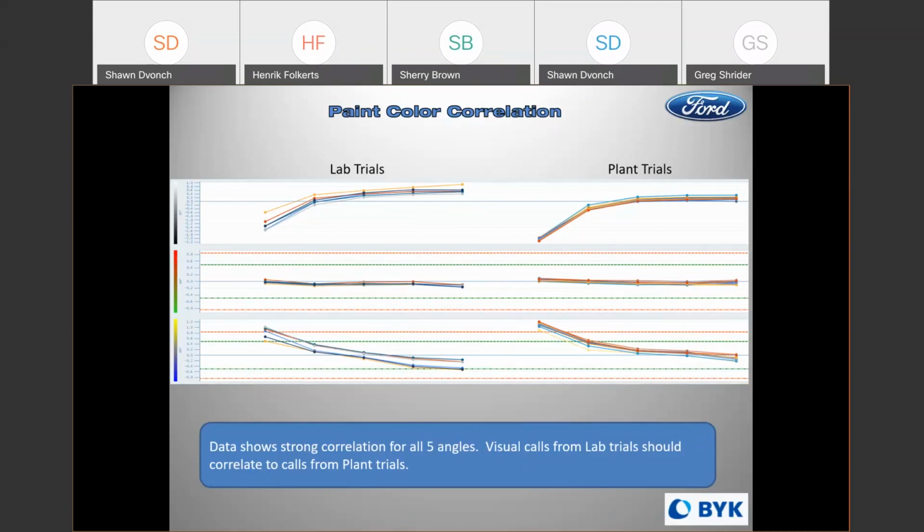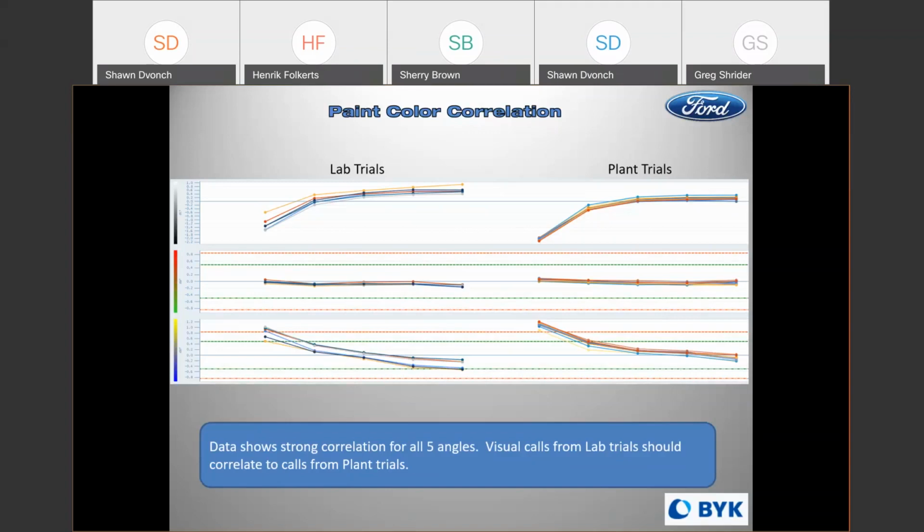I still didn't necessarily 100% disagree with the 15-degree angle, but the visual call was slight light. So I assume that they're looking at maybe the 25 or the 45 or the 75, somewhere along those lines visually, and they were thinking that we're on the light side.